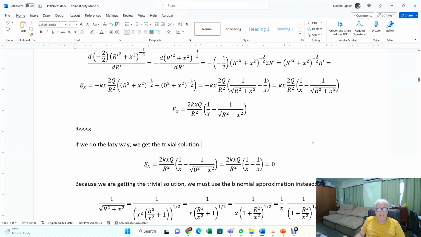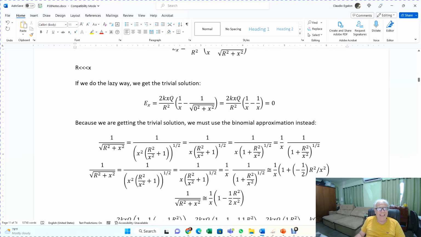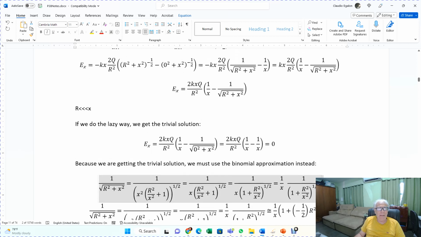And then the one that's not the lazy way: we have to do the actual binomial series expansion. So I'm going to get my square root term here. I'm going to put the x in evidence to get a ratio that's going to be smaller than 1, and then do the binomial expansion.